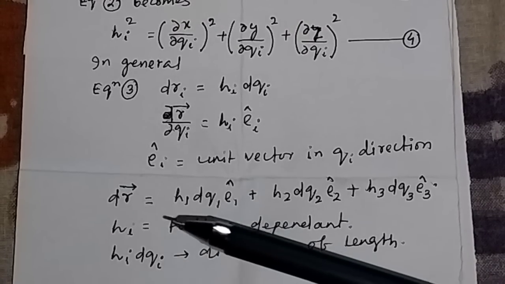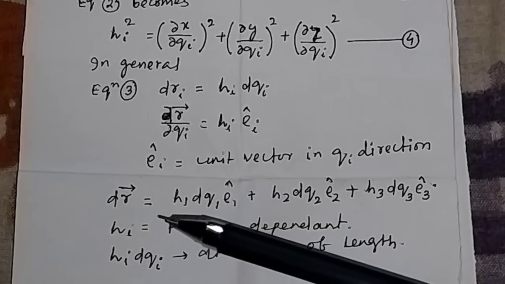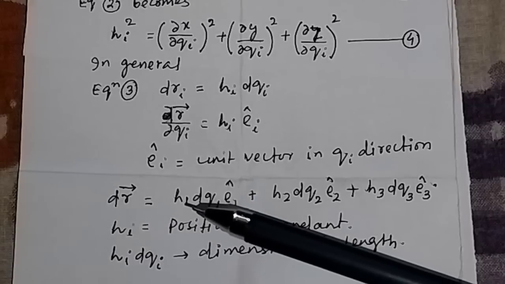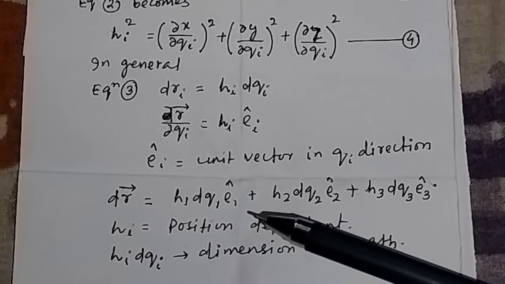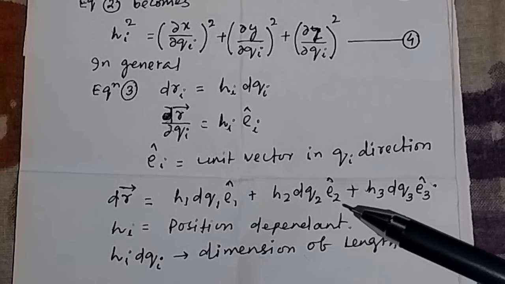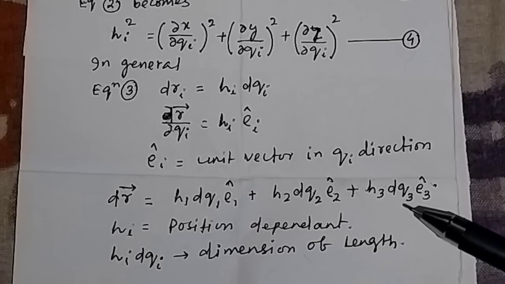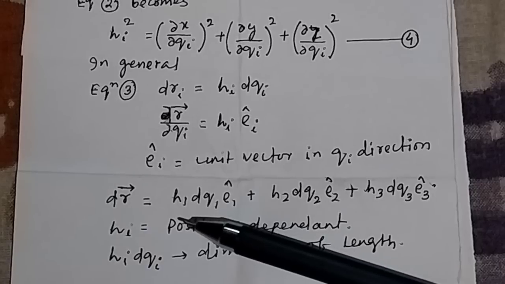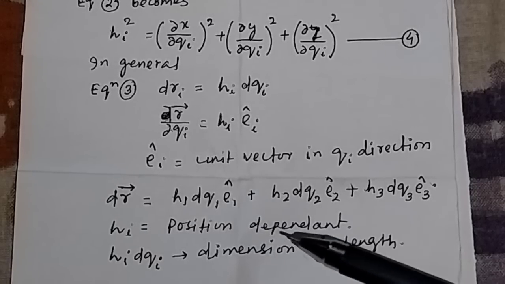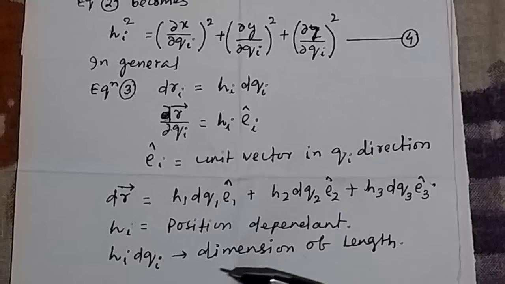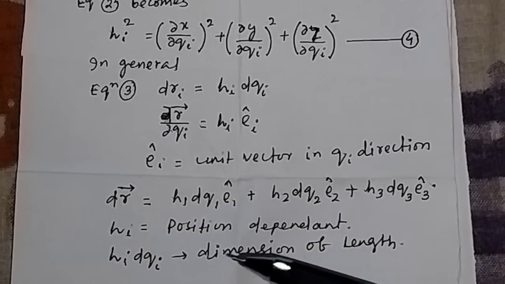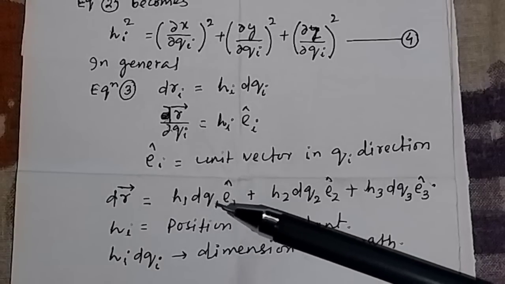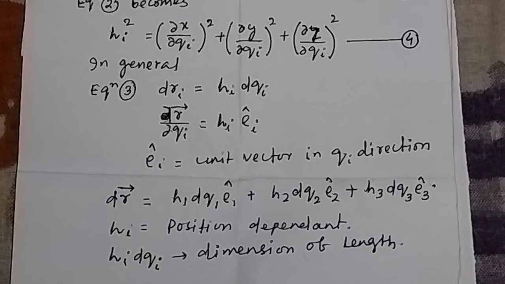So how do you define the displacement vector in curvilinear coordinates? The displacement vector can be defined as h1 dq1 e1 cap plus h2 dq2 e2 cap plus h3 dq3 e3 cap. And here hi, that is h1 or h2 or h3, are position dependent. Similarly, hi dqi has the dimension of length, and when the dimension of length is multiplied by the unit vector, that will be the displacement vector.